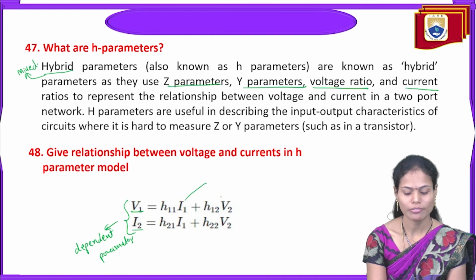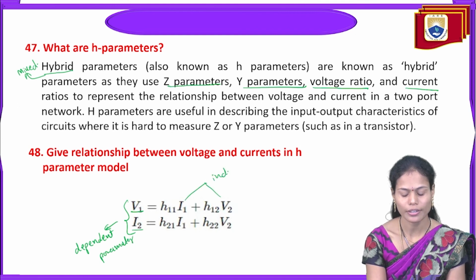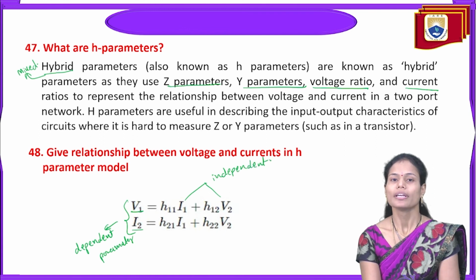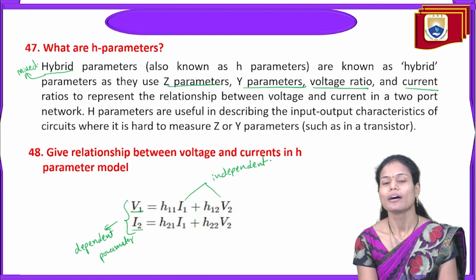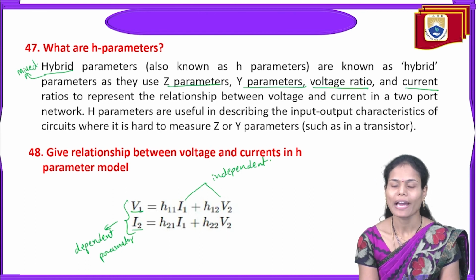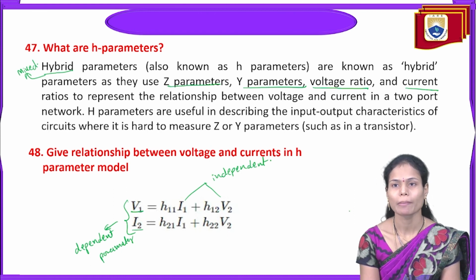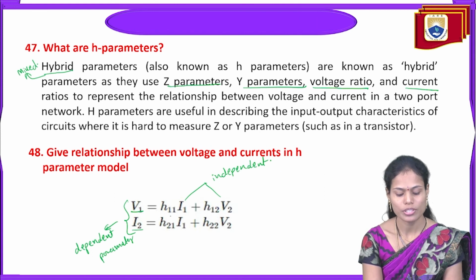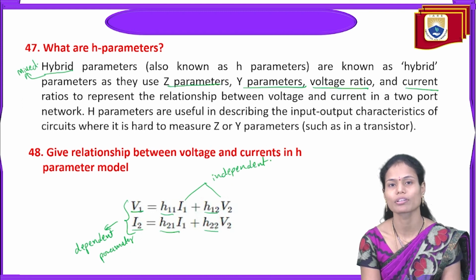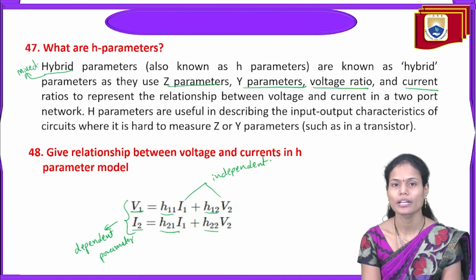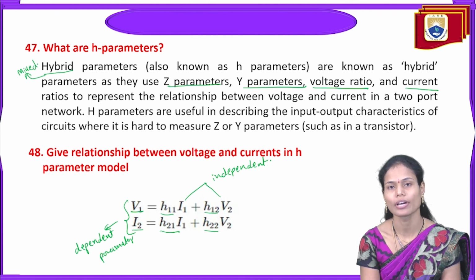I1 and V2 are the independent parameters. If you write the relation of the dependent parameters in terms of independent parameters, those indicate the H parameter model. So H11, H12, H21 and H22 are the four different H parameters, obtained by mixing the voltage and current levels as well as Z and Y parameters.